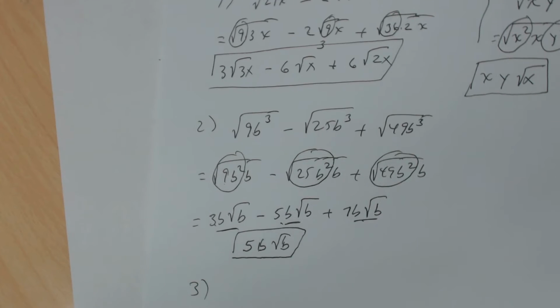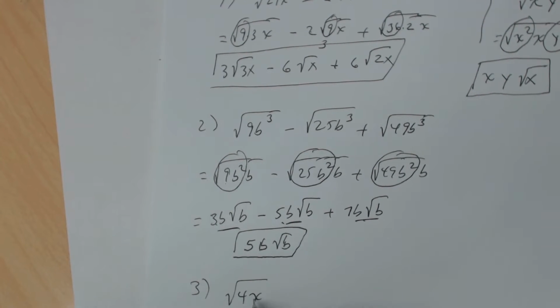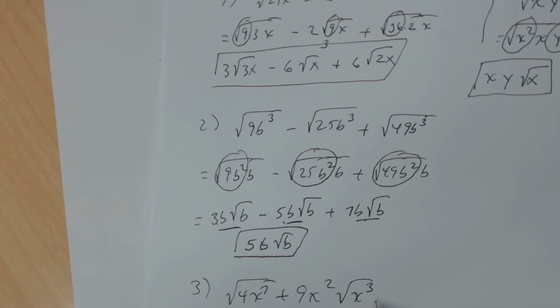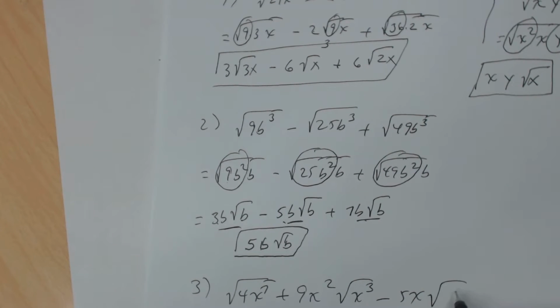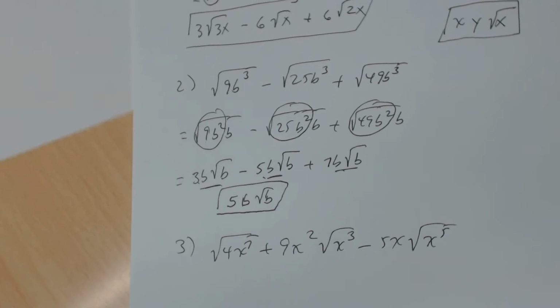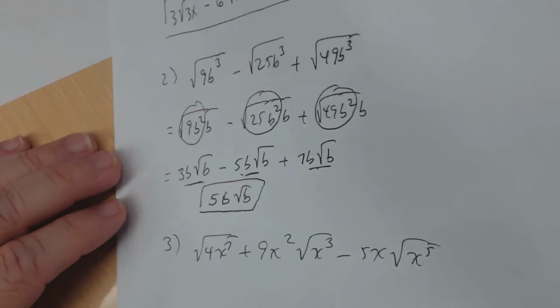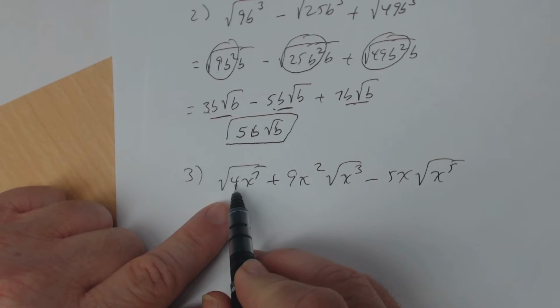Okay, number 3. You have the square root of 4x to the 7th plus 9x squared times the square root of x cubed minus 5x times the square root of x to the 5th. All right, now 4 is a perfect square.